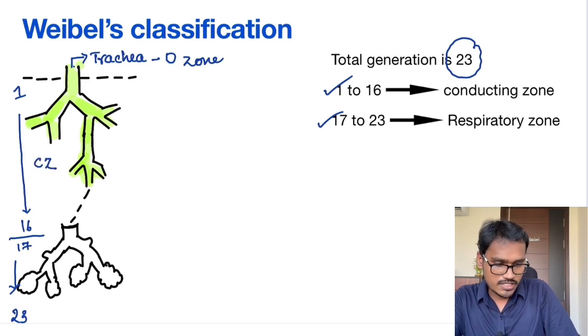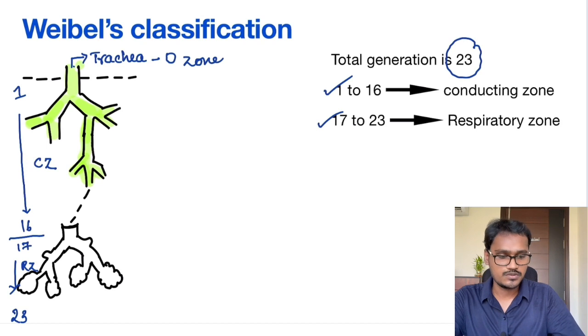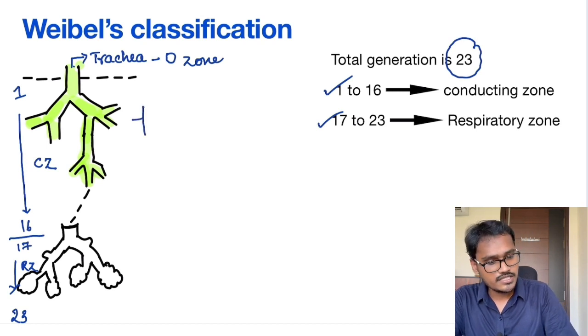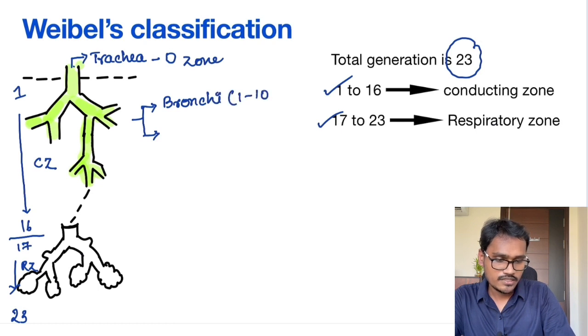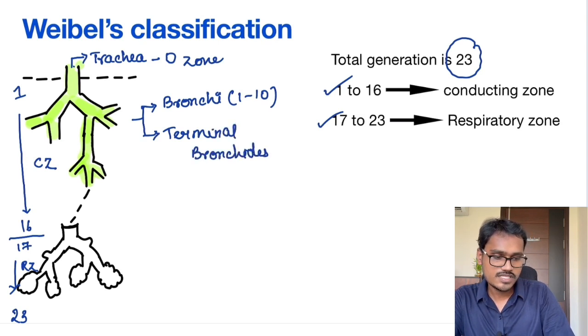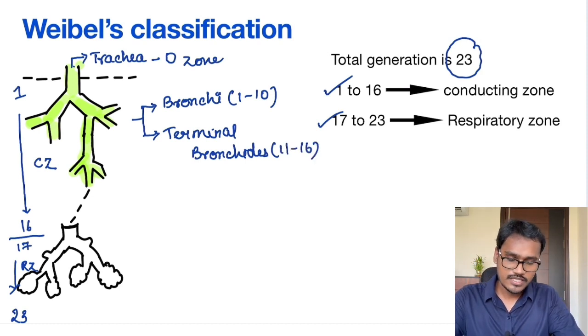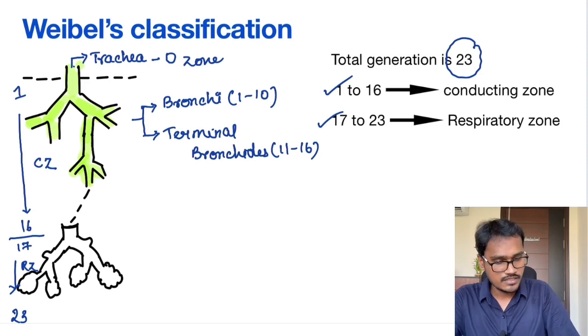Let's see what are all the individual divisions in this conducting zone and respiratory zone. Conducting zone, we know it is first 16. Out of that, it is composed of bronchi and terminal bronchioles. So we have the bronchi, that is 1 to 10, then terminal bronchioles, which is 11 to 16. Then we have the respiratory zone, which is further divided into 3 zones.